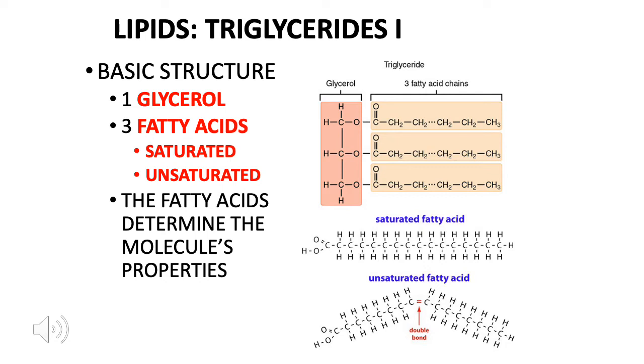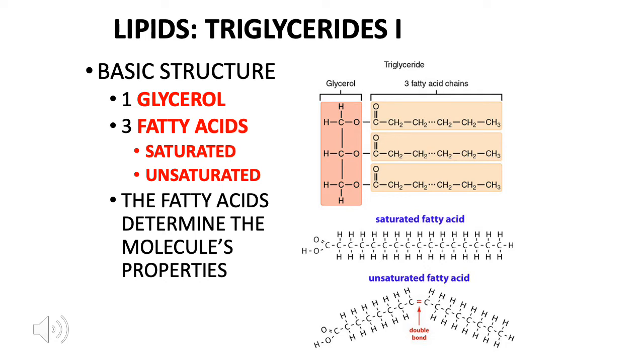In contrast, look at the unsaturated fatty acid below, and you see there is a double bond smack dab in the middle. That double bond does two things for the fatty acid. First off, it reduces the number of hydrogens found in a chain. So if this chain has less than the maximum number of hydrogens, we can say it's unsaturated.